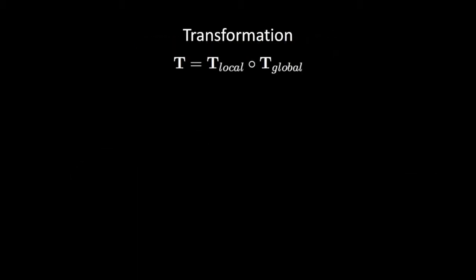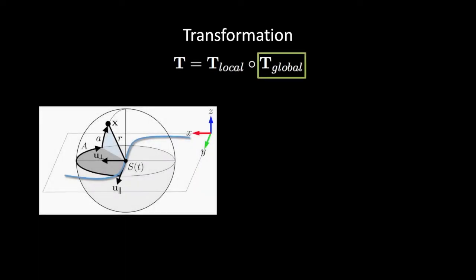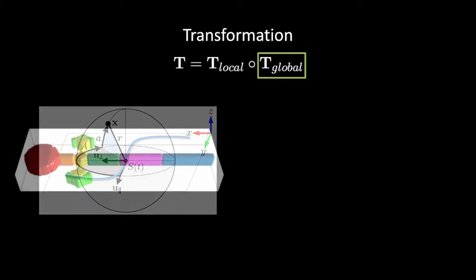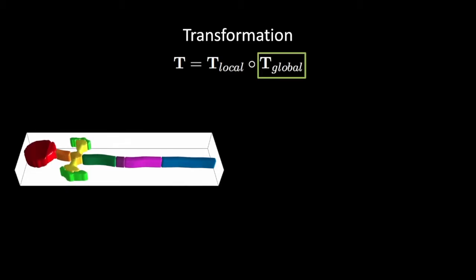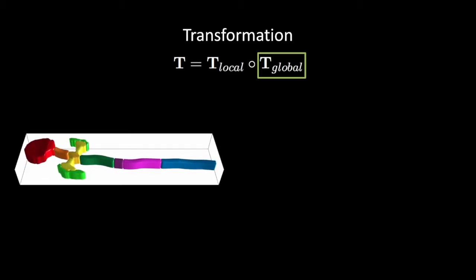Our method follows the global-to-local approach through the global and local transformations. The T-global transforms the template from our standardized coordinate to Cartesian coordinate. The standardized coordinate system describes template compartments with respect to the axonal centerline, so it is resolution agnostic.